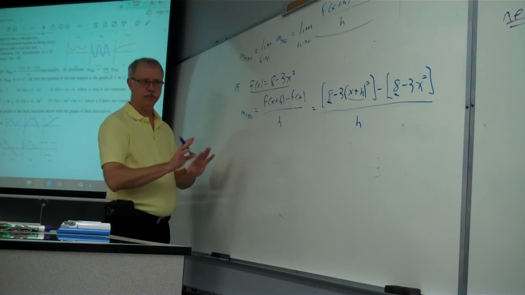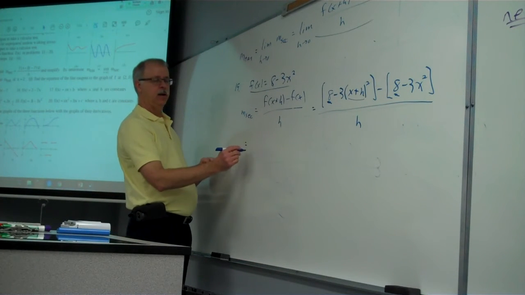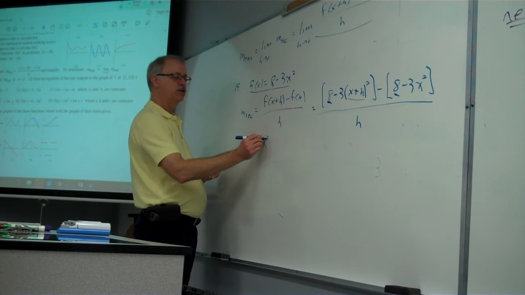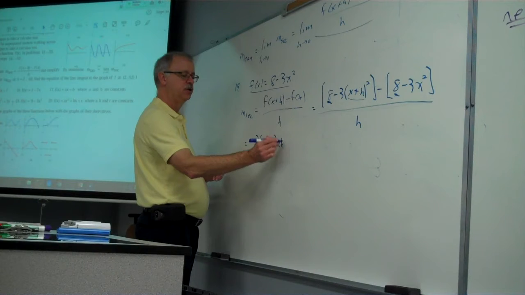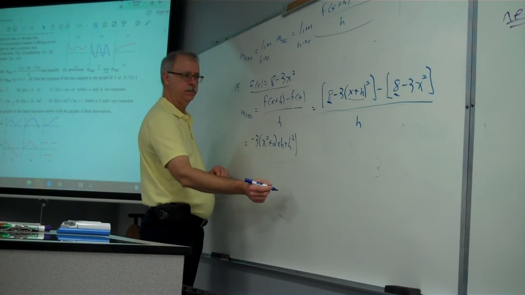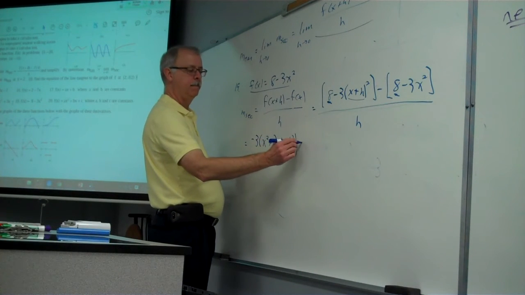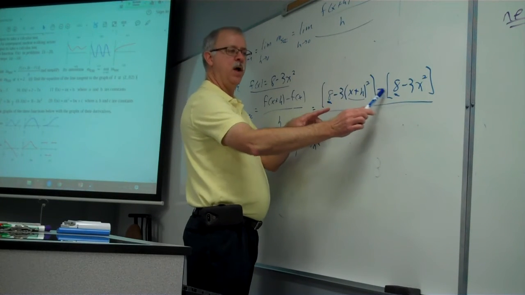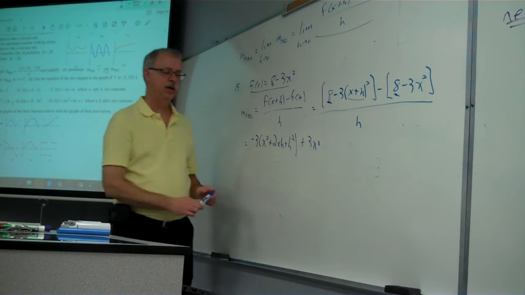The x plus h squared is x squared plus 2xh plus h squared. And then minus a minus 3x squared would be plus 3x squared.